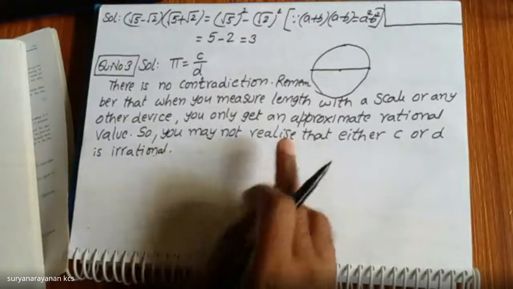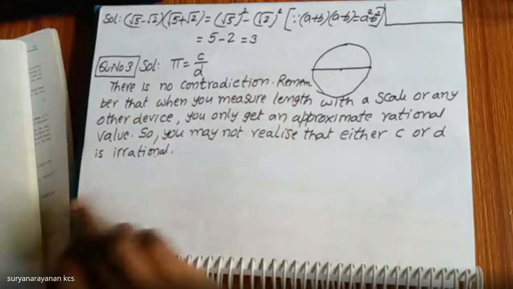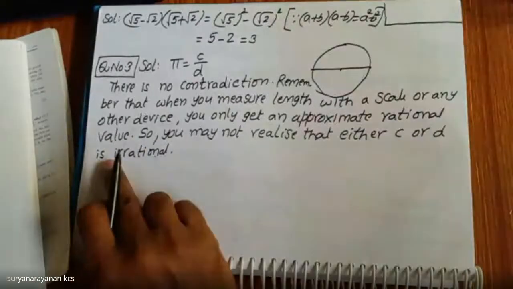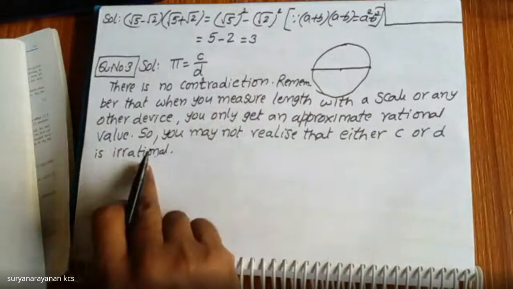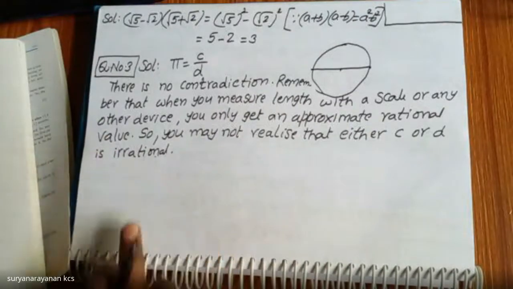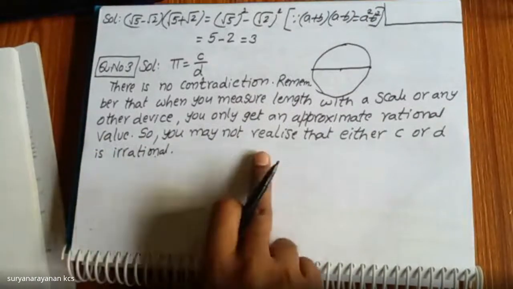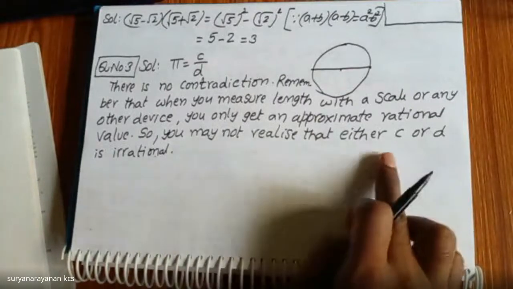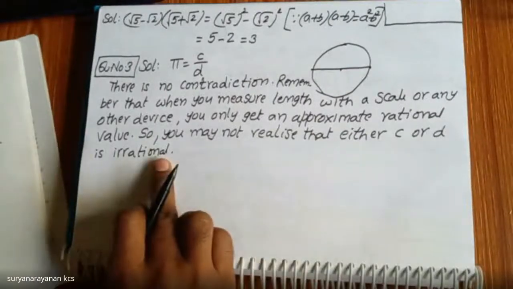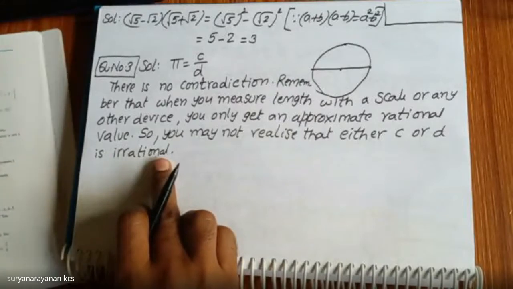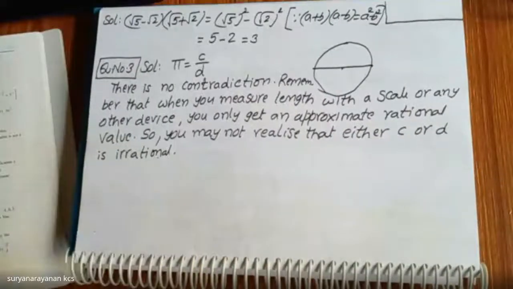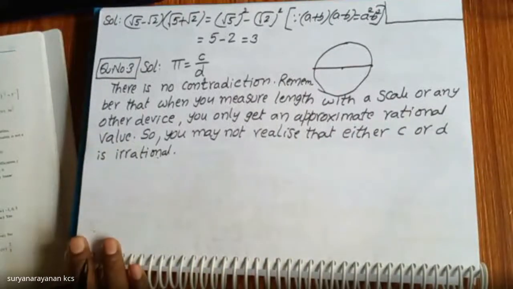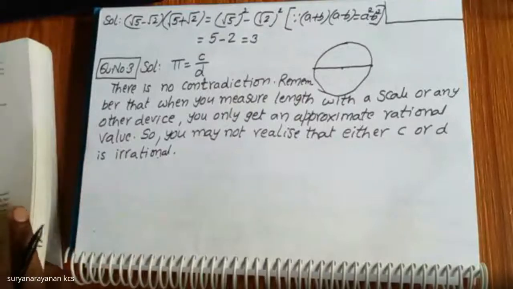One is rational and another one is irrational. Both may not be irrational numbers at a time, and both may not be rational numbers at a time. Okay, sir, I understood. Okay, my children.